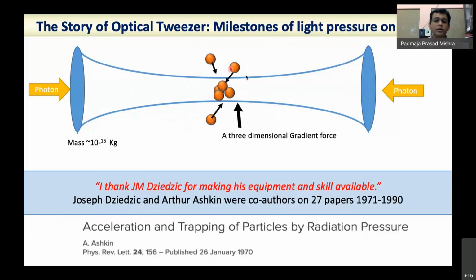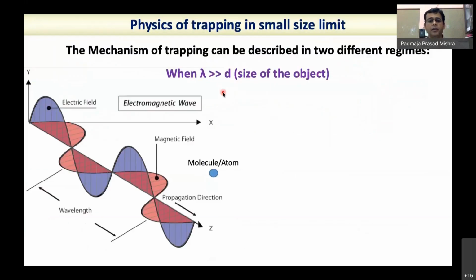So they are not on the propagation path of the laser beam, but they get sucked into the laser beam also. That is not explained. What are the reasons behind that? He thought there is a gradient force which is pulling these objects, which he explained later.